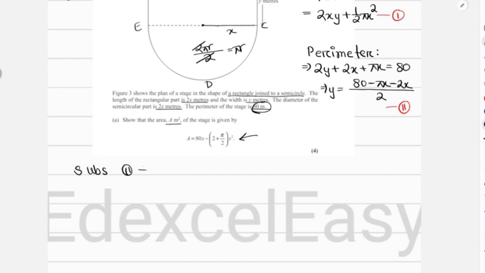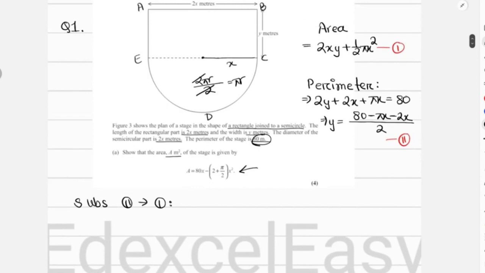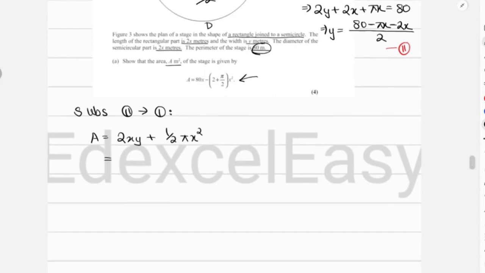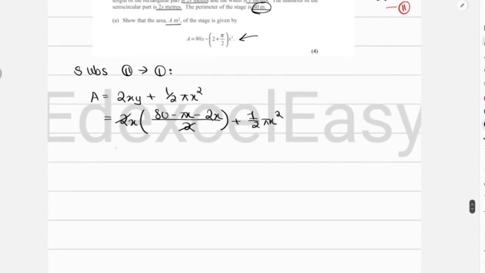Substitute equation 2 into equation 1, which is now going to be 2xy plus half pi x square. Area, previously you got 2xy plus half pi x square, and instead of y we're going to now introduce the equation, which was 80 minus pi x minus 2x over 2, plus half pi x square, which certainly means these two get cancelled out, and this entire expression will then be multiplied with x again.